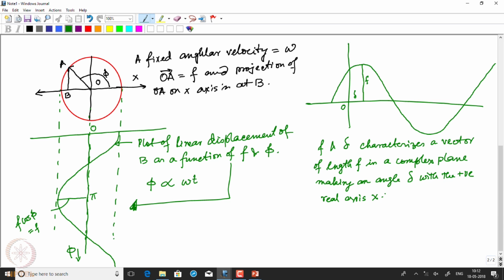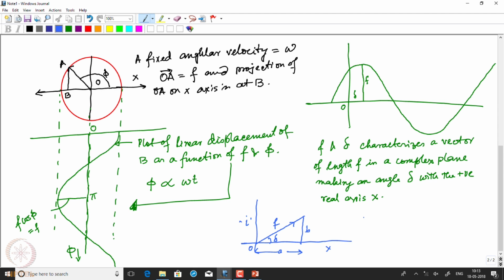So this is the drawing of f in a complex plane where f makes an angle delta with the x-axis.